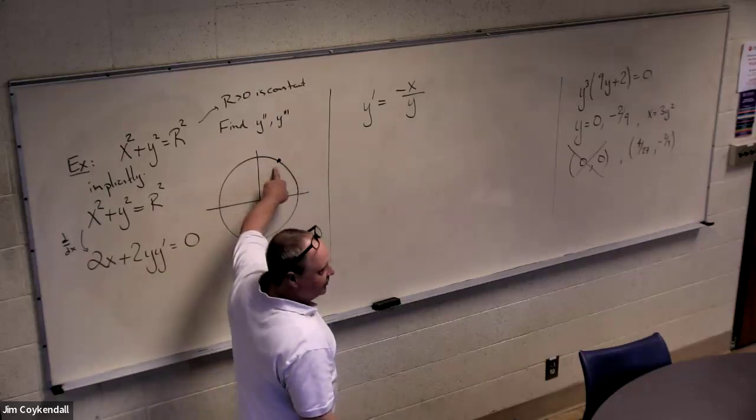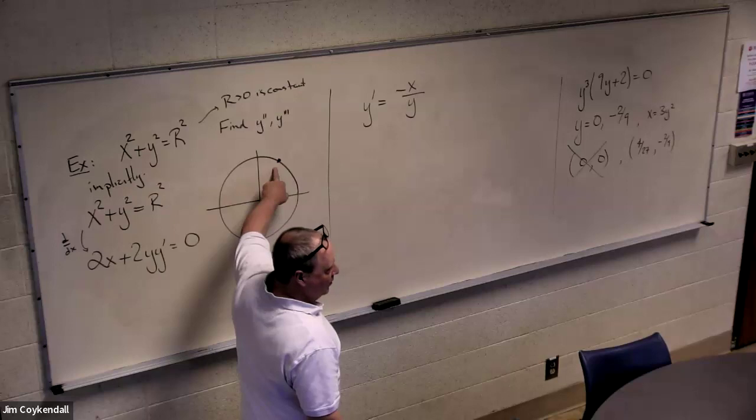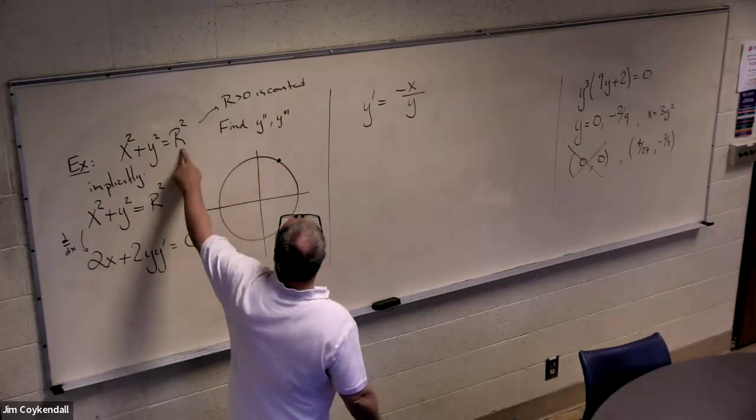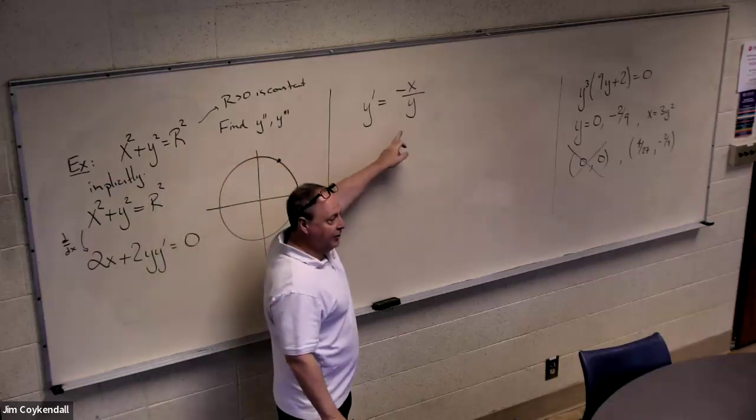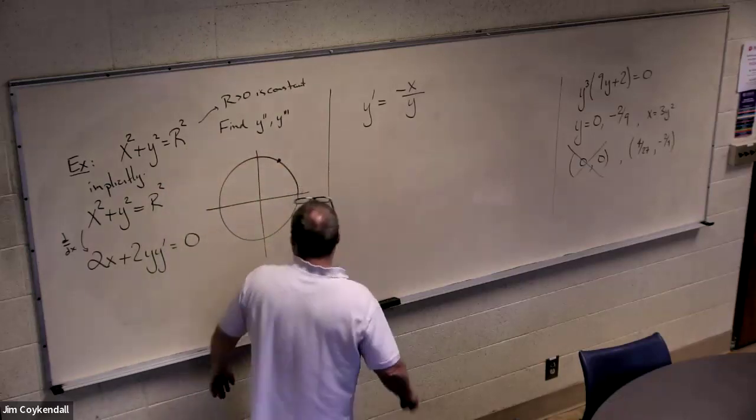The derivative is negative x divided by y. Notice, by the way, that this formula does not depend on the radius of the circle.